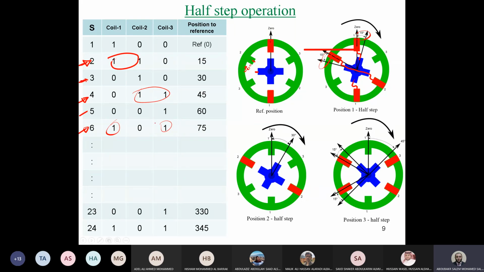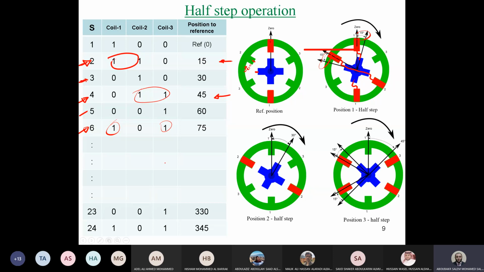So is it going to move now 15 degrees or 30 degrees in this example? 30. Because here it was at 15 degrees. Here it became 45, so the difference is 30. But each time you apply signal for 2 coils together, this means you have higher power now.